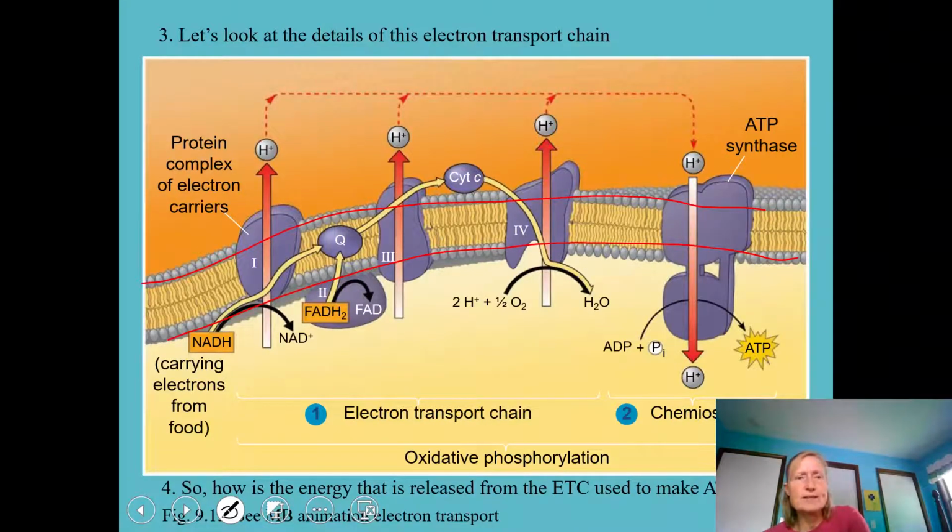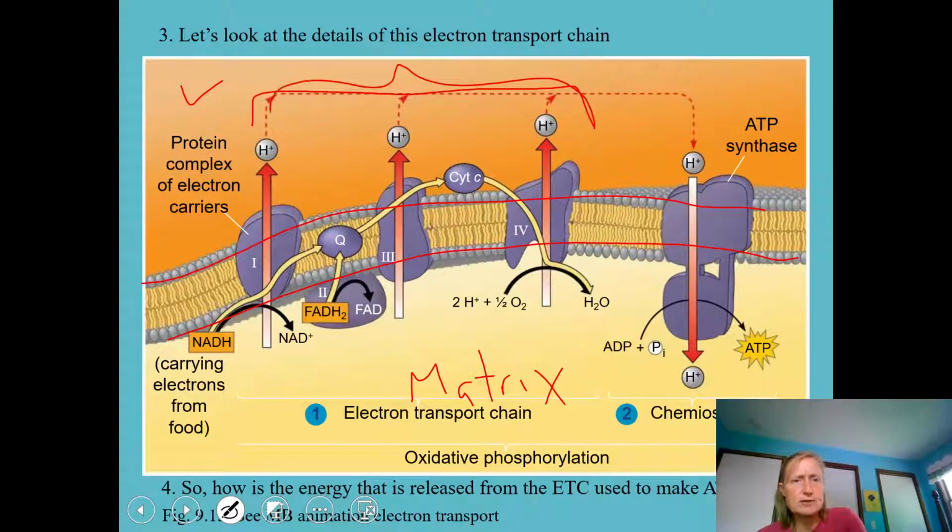This out here would be the space between the membranes. And down here, this would be the matrix of the mitochondrion, all right? And the electron transport chain is housed in these molecules here. The ETC is the electron transport chain.